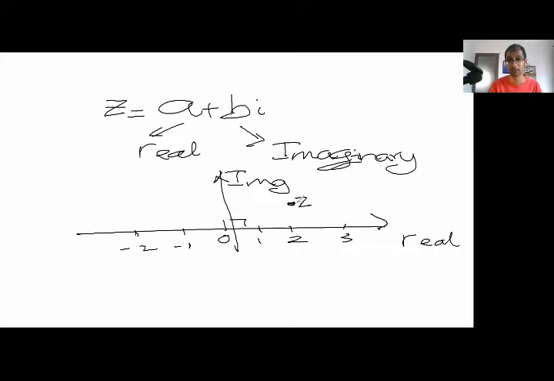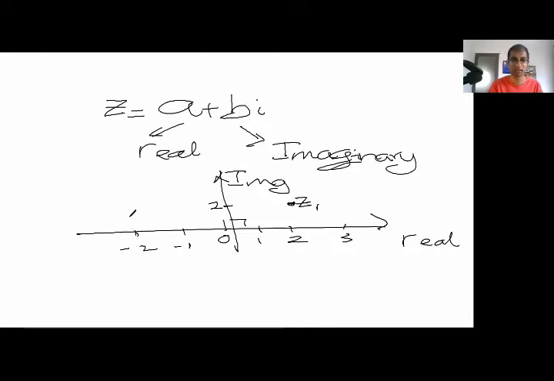So this is a number Z1. This is actually a complex number Z1 consisting of a real part, because it's 2, and then an imaginary component. Let's say that's 2 here also. So this will be 2 plus 2i, because the b component, which is the imaginary component, is 2.